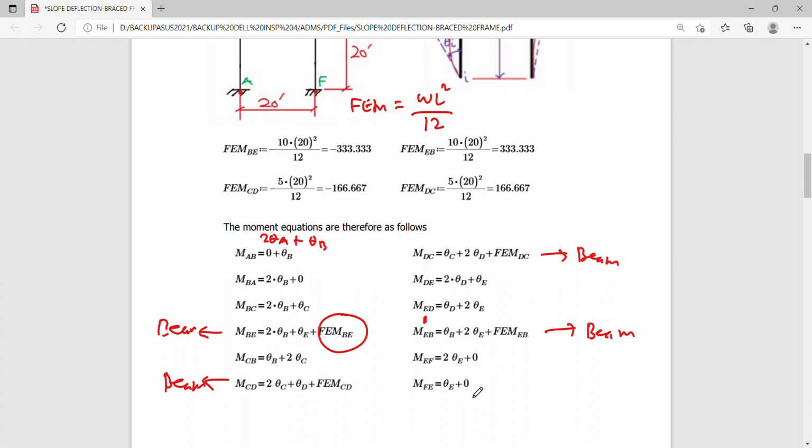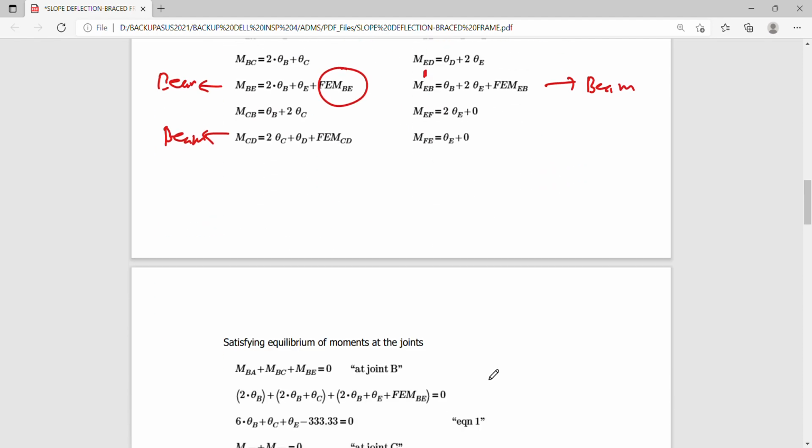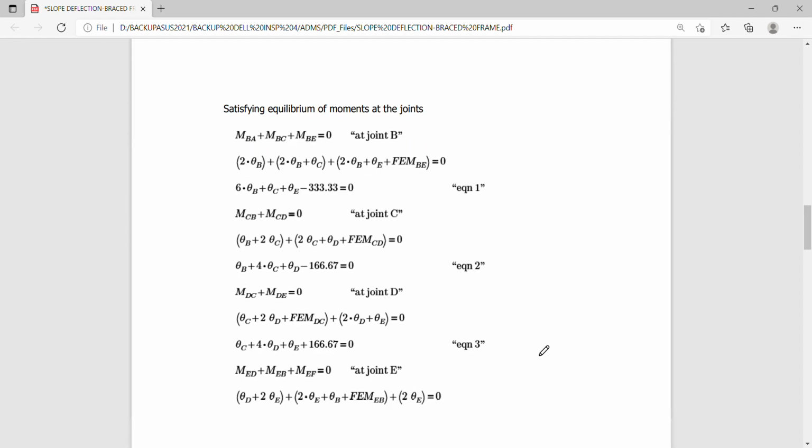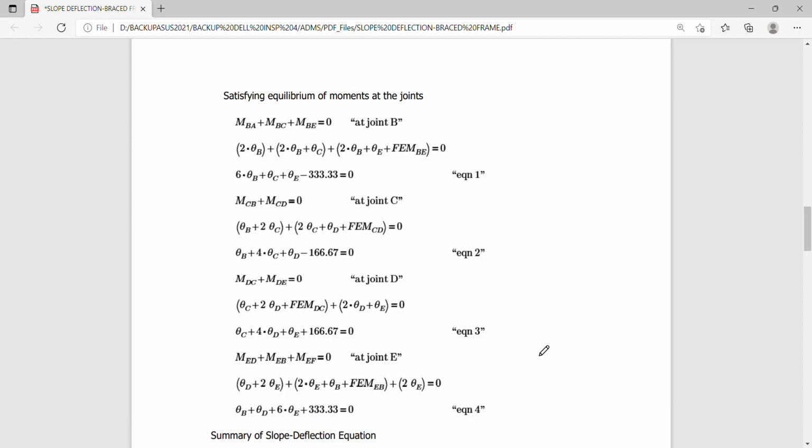And this is a 2 theta F theta E, and this is also a 0 because theta F is equal to 0. So in satisfying the equilibrium of moments, we simply get those values above, and taking the moments at each and every joint B, C, D, and E, we get equations 1, 2 to 4.